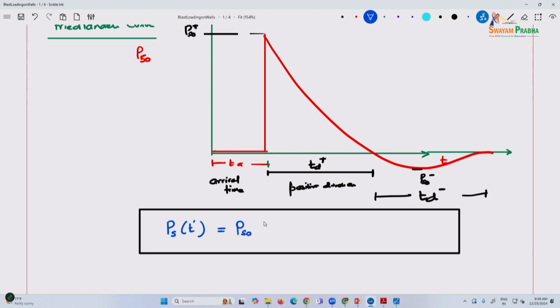So it is PSO multiplied by 1 minus T prime divided by TD, where T prime is T minus TA, multiplied by an exponential decay, so e to the minus B T prime divided by TD.